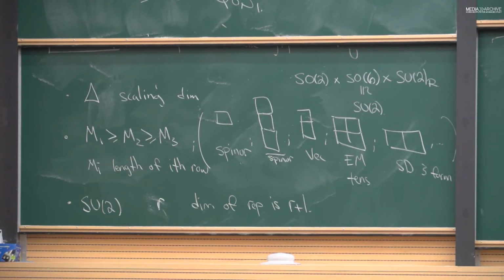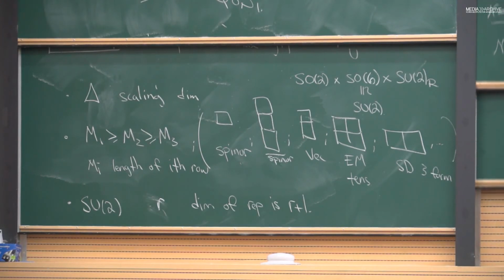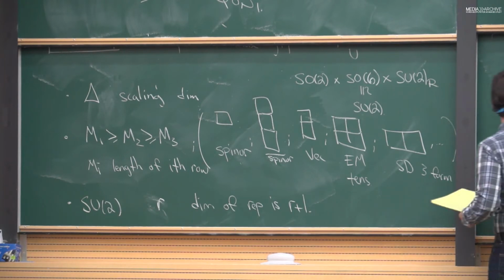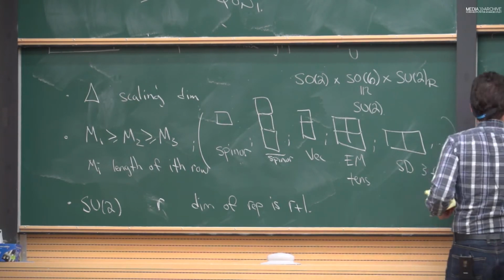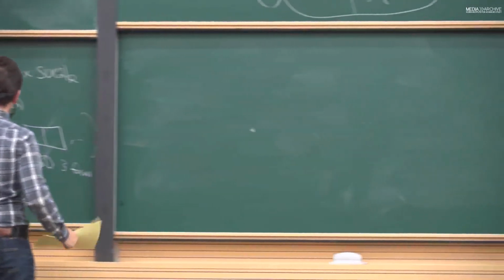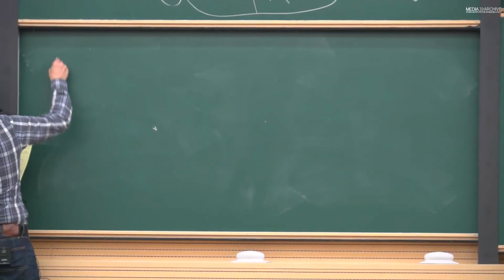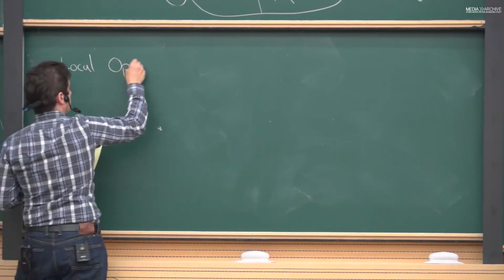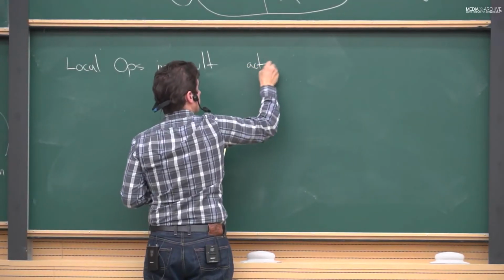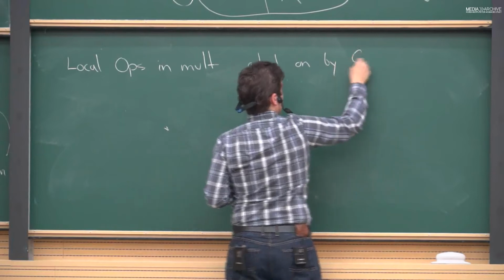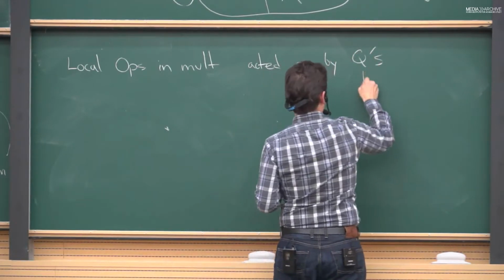Okay, and then local operators. Well, let's leave the results actually. So local operators are in multiplets acted on by Q. One thinks of these as raising operators.